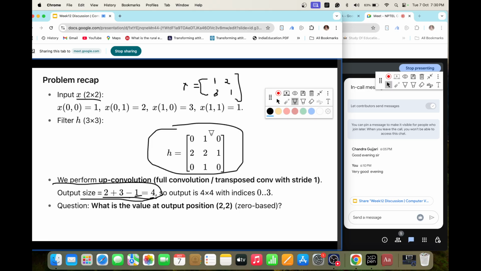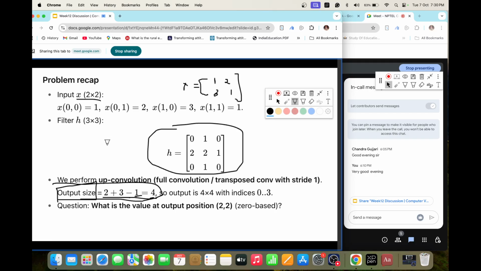So from that, the first thing is to calculate the output size. As you are doing the up convolution, this is how we calculate the output size. If we were doing the down convolution, then this would not be your output size.